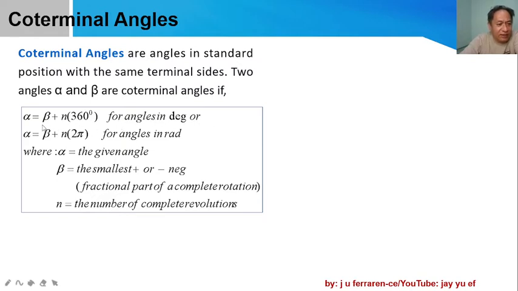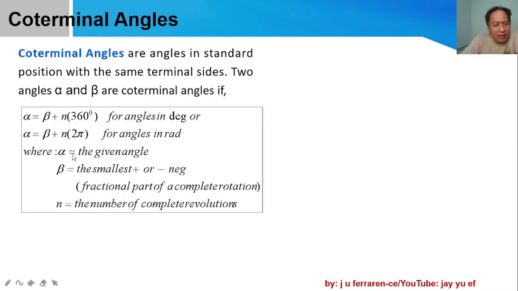And you can use the second equation if the angle is expressed in terms of radian. The terms are the same: alpha is equal to beta plus n, but you replace the 360 degrees with 2 pi. Actually, these are values of a complete rotation, both in degree and in radian.